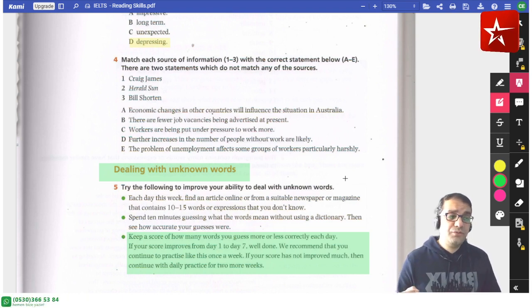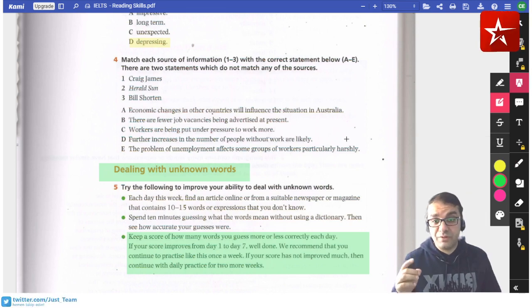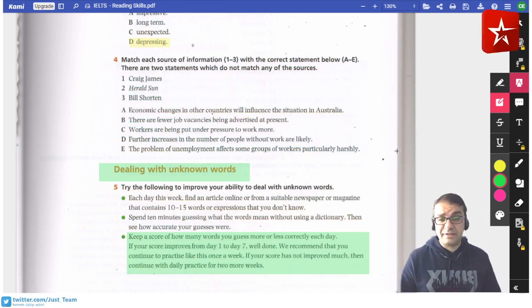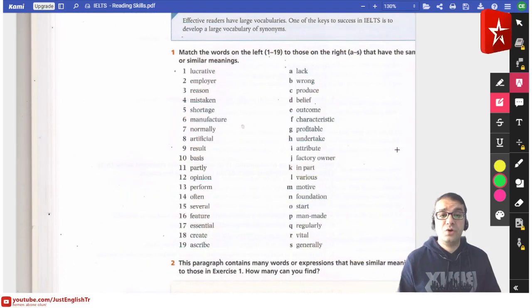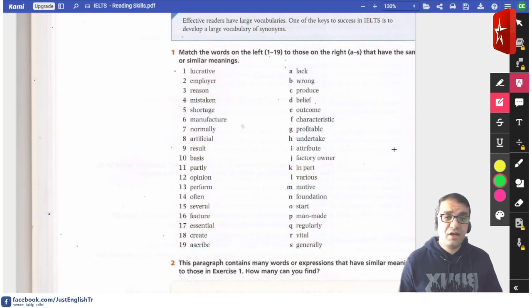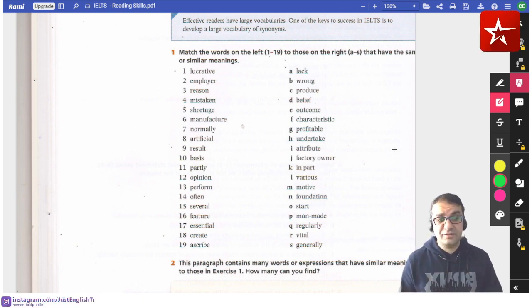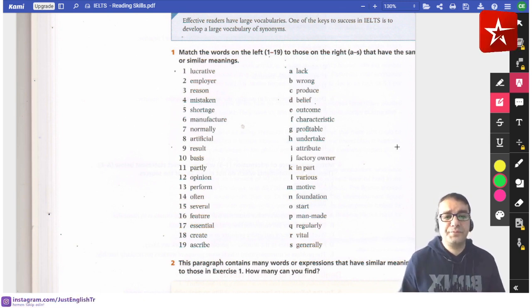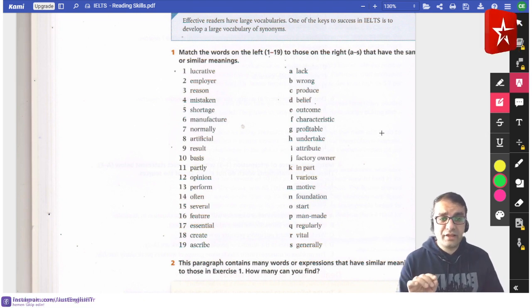Now let's go to the exam level. What are you going to do if you face a problem with unknown words? Let's see this practicing with you, folks. Effective readers have a large vocabulary, and this is one of the keys to success in IELTS. So let's do some practicing.